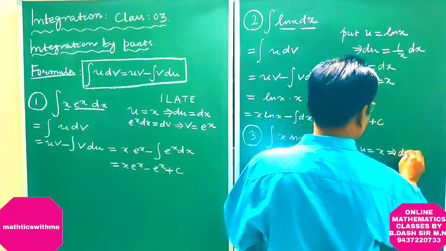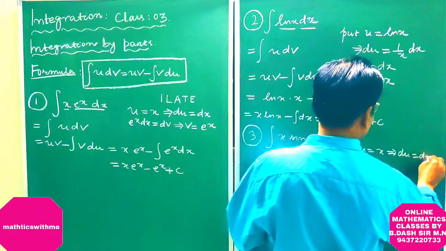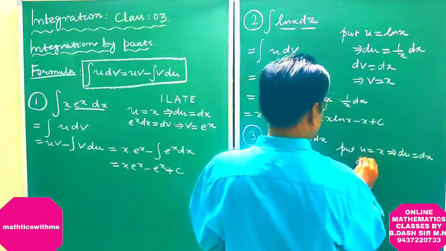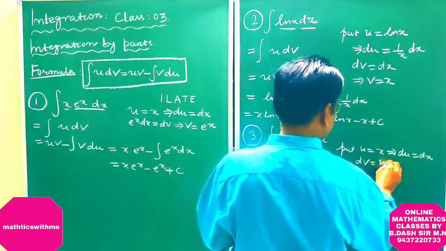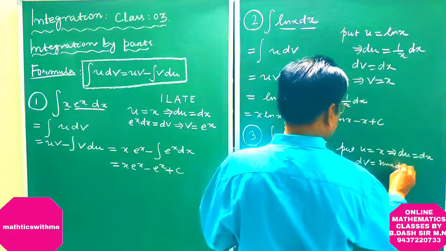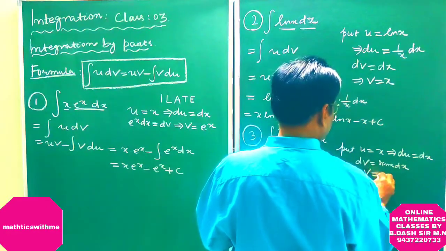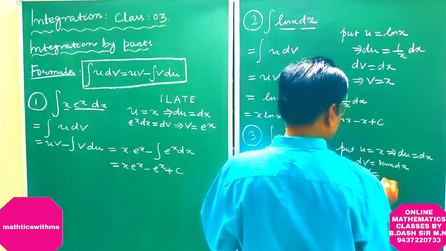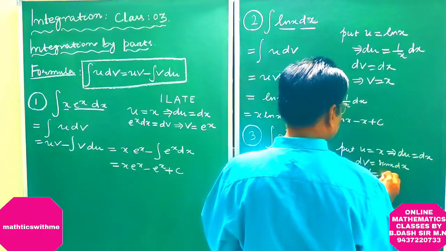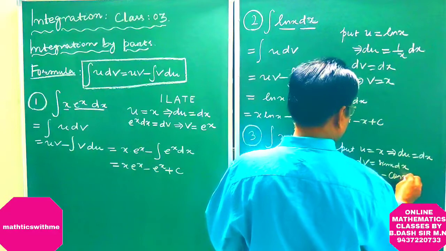So du is equal to dx. Then dv is equal to sin x dx, from which we get v is equal to integration of sin x, which is minus cos x.